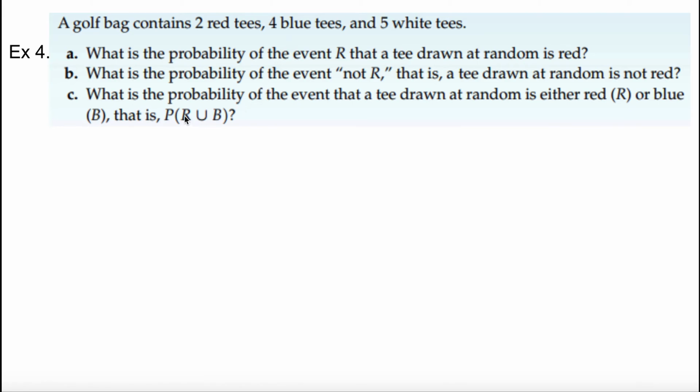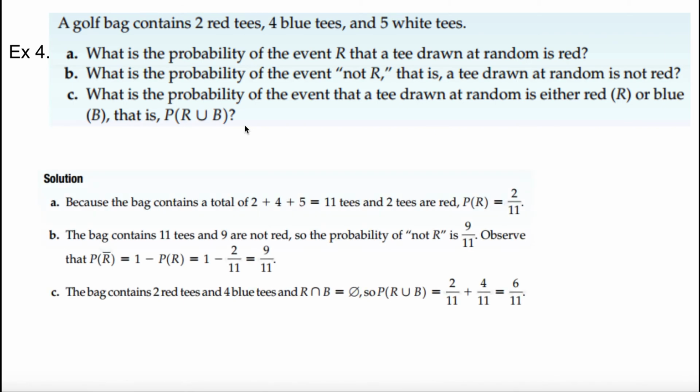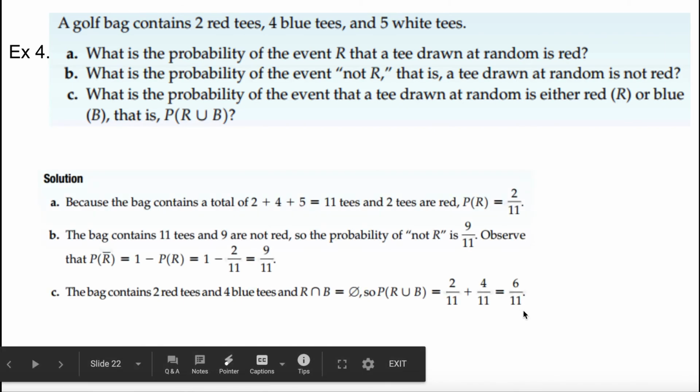So you can just take the probability of R and add the probability of B. The probability of R is 2/11. We already found it in part A. For B, the probability to get a blue tee is 4 out of the total 11. So you can add 2/11 and 4/11 and get 6/11.